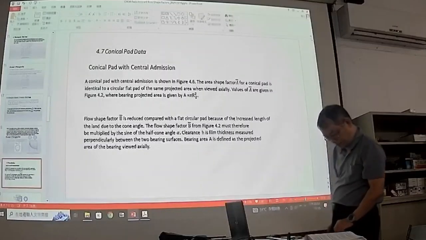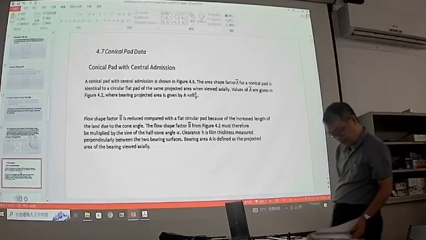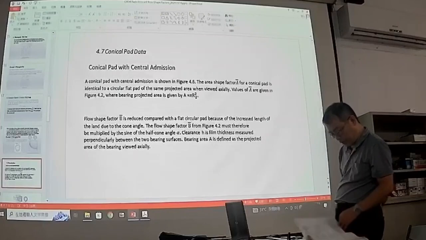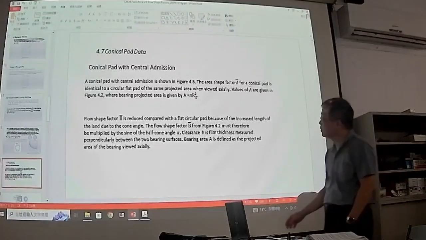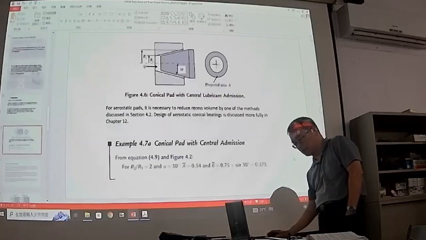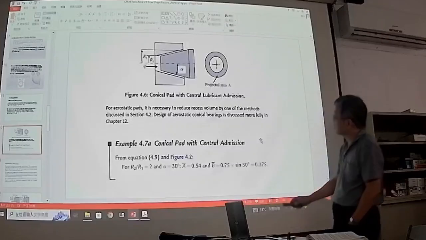Okay. And then the next section is for the journal bearing. We have a conical journal bearing. This is the conical journal bearing.